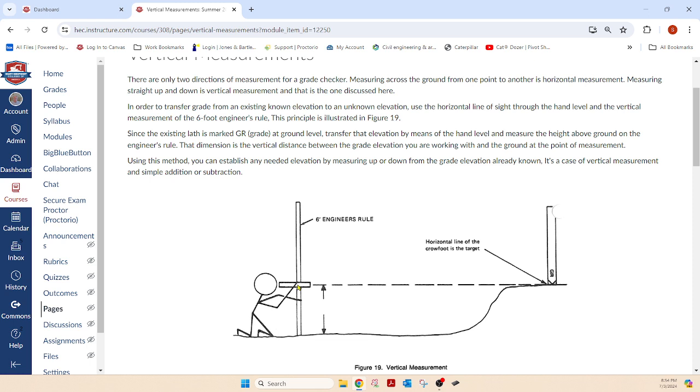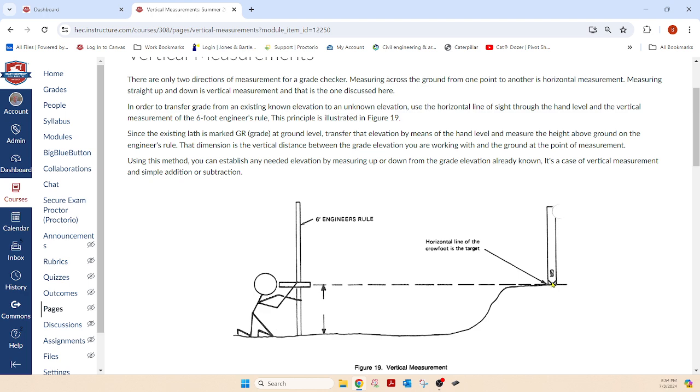If my reading says 2 feet, when I put that stake in the ground, what am I going to put on that stake? My reading says 2 feet on the engineer scale.